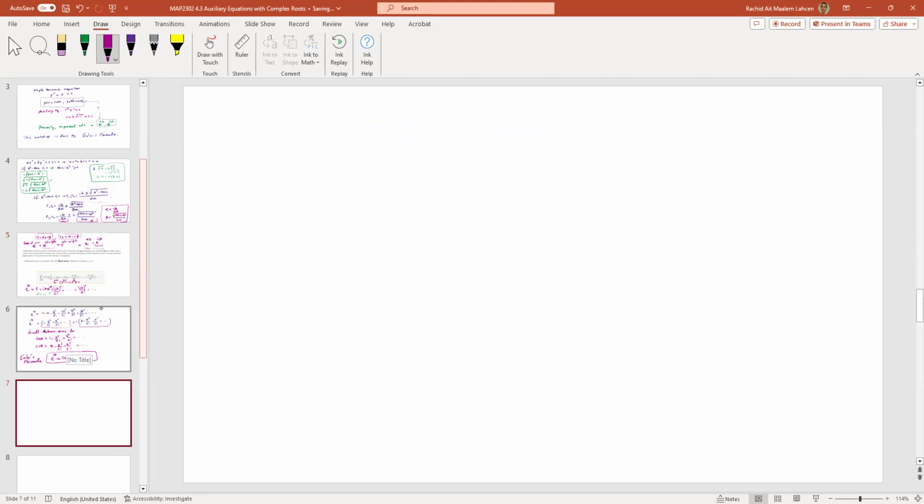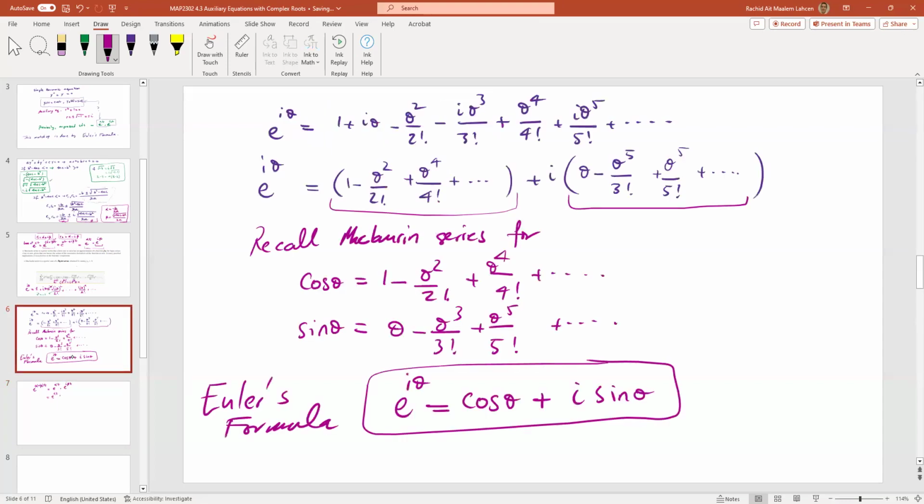If I have some exponential with alpha plus i beta times t, which is e to the alpha t times e to the i beta t, so e to the alpha t remains. Now we can rewrite using this.